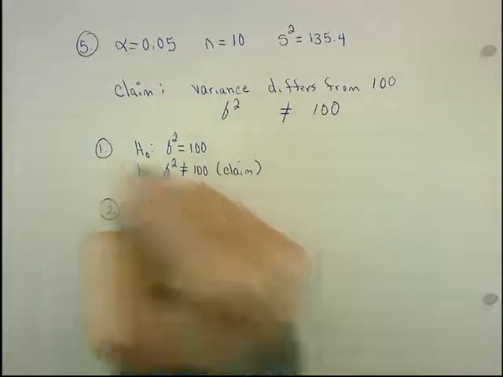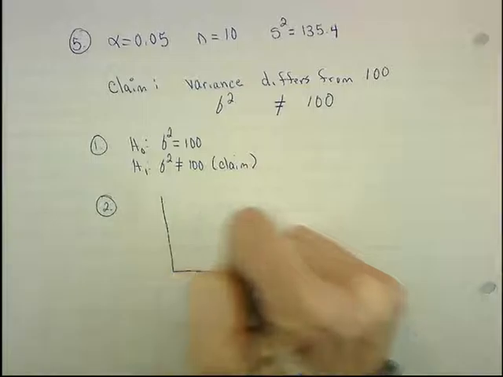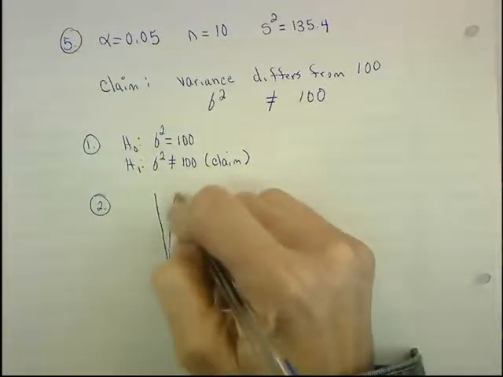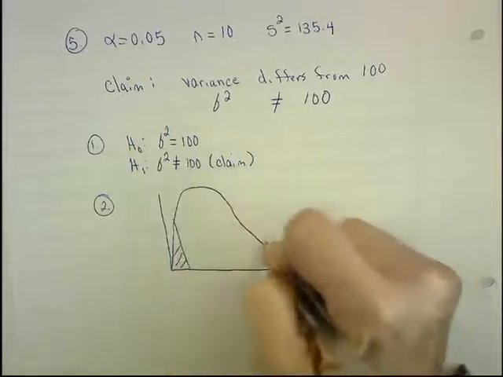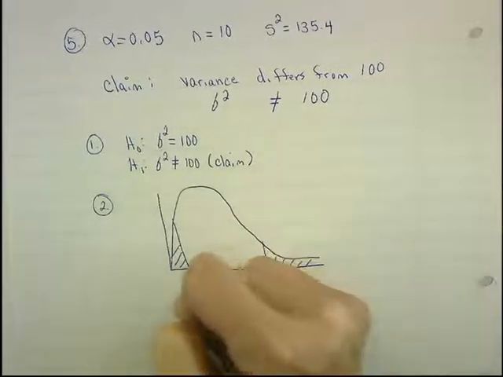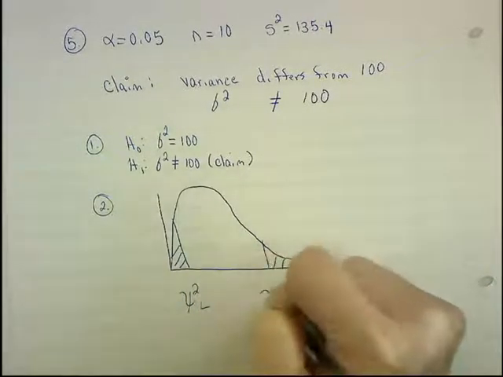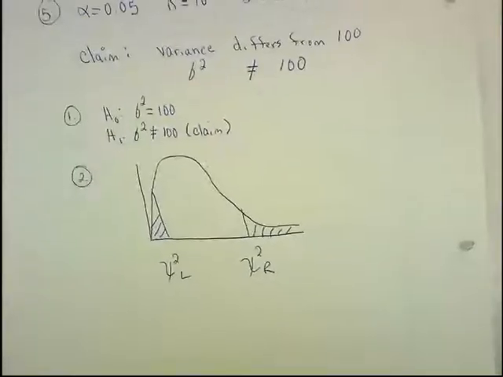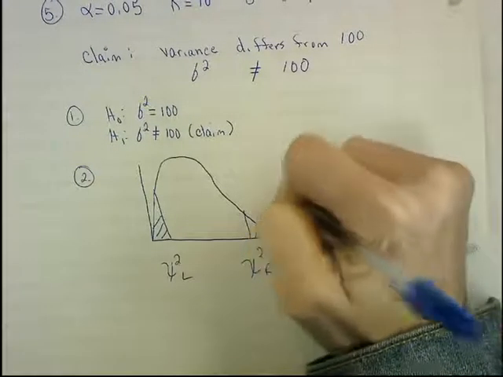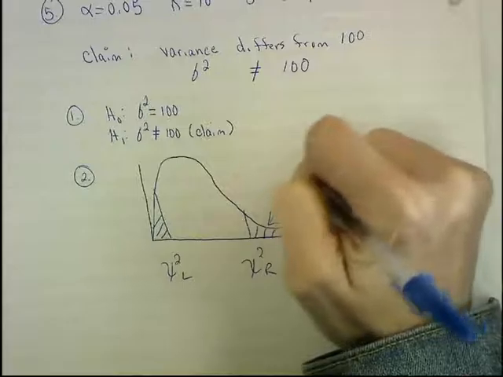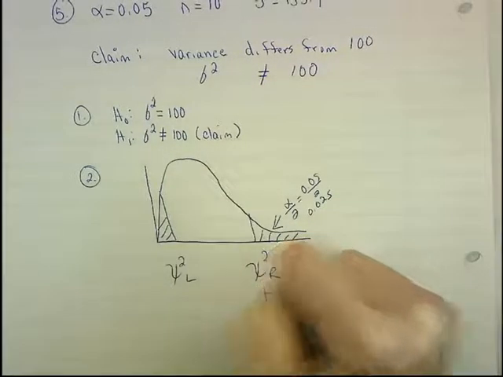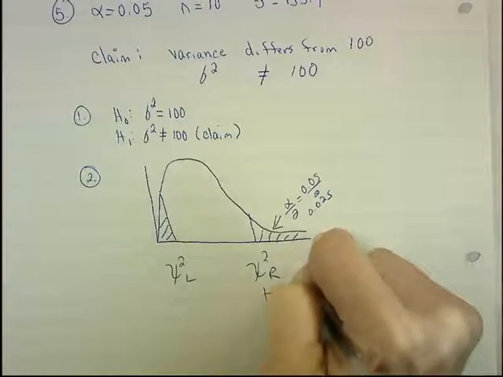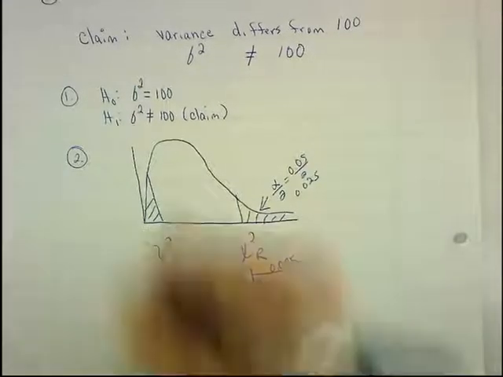Step 2 with traditional method would be my two critical values. Therefore, I shade the left tail, shade the right tail. I'm looking for chi-square from the left and chi-square from the right on the axis. Each tail is alpha over 2. So that's going to be 0.025 in the right tail, and the area above it is 0.025, and that's the column we go to.